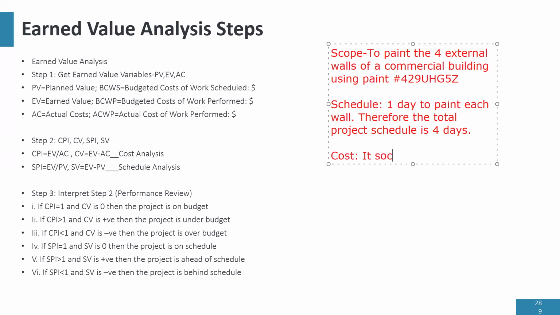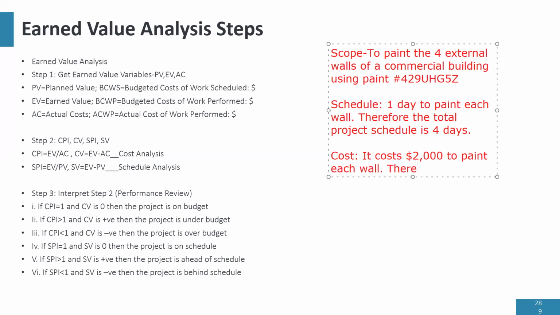It costs $2,000 to paint each wall. Therefore, the total project budget is what?